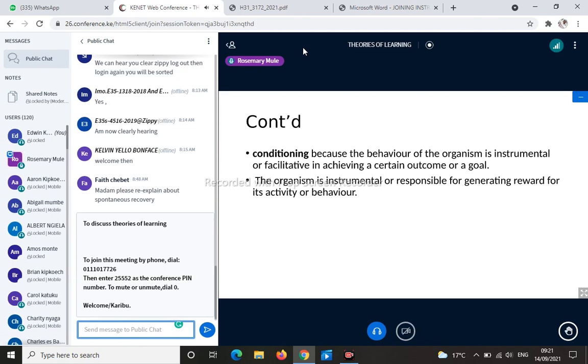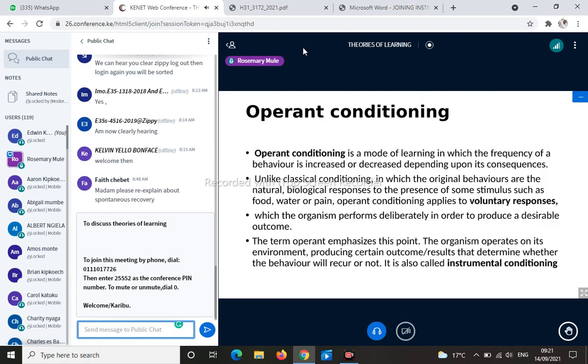The first point in this slide is a continuation of the previous sentence. Let me start it again. The term operant emphasizes this point of deliberately producing a desirable outcome. The organism operates on its environment, producing certain outcomes or results that determine whether the behavior will occur or not.